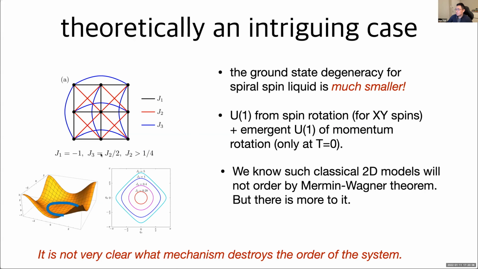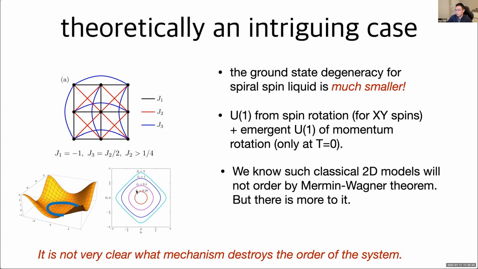However, for the case of spiral spin liquid, you don't have such an extensively degenerate ground state. You only have this sub-extensively degenerate one. In other words, you don't have local spin flips that take you to another ground state. Instead, if you go from one momentum or wave vector to another, that involves changing all the spins in the system.